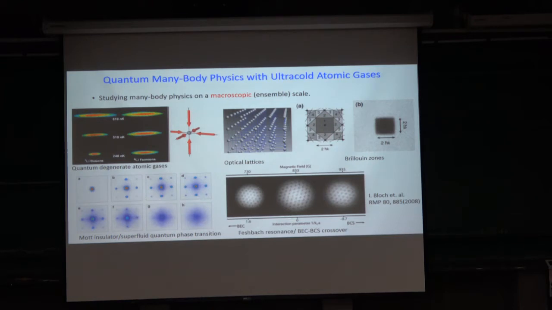People can tune the interaction between the atoms such that they can form like a bound molecule or like a Cooper pair, and to study this crossover. So many beautiful experiments are realized. And I want to emphasize that in all this kind of experiment, people use atomic ensemble. It's basically a macroscopic scale. There are a lot of atoms in this case, maybe 10 to 5 or even up to 10 to 8.